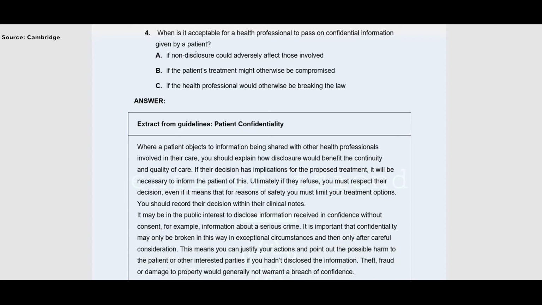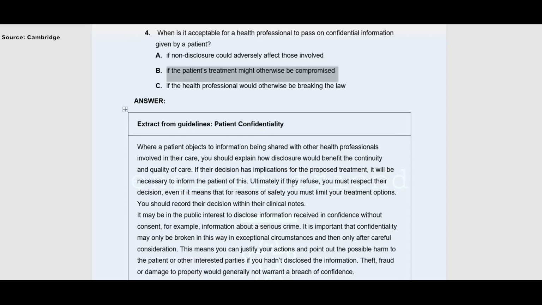So here option A says if known disclosure could adversely affect those involved. In other words, if known disclosure could adversely affect the patient or the parties interested. So option A is the right answer, but we cannot confirm it. We have got option B and C to be considered. Option B says if the patient's treatment might otherwise be compromised. As per this option, the health professional can pass on confidential information given by a patient if the treatment is compromised.